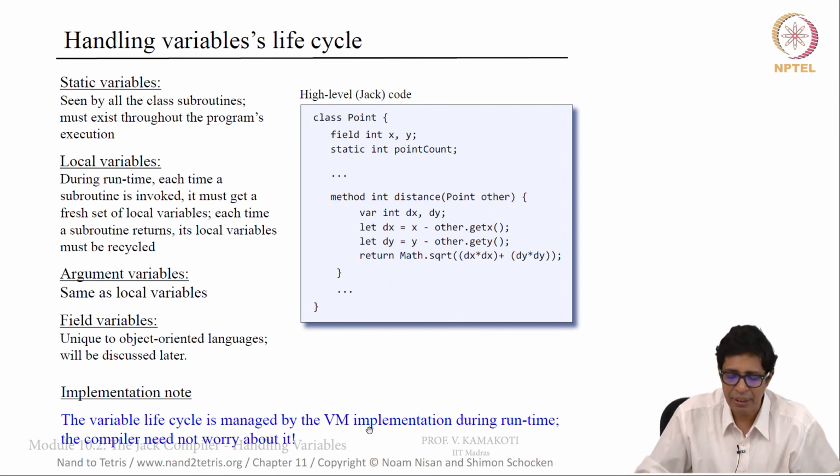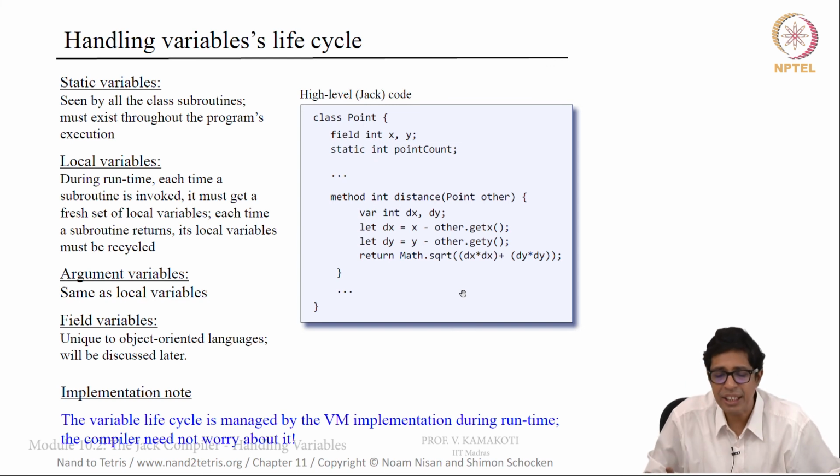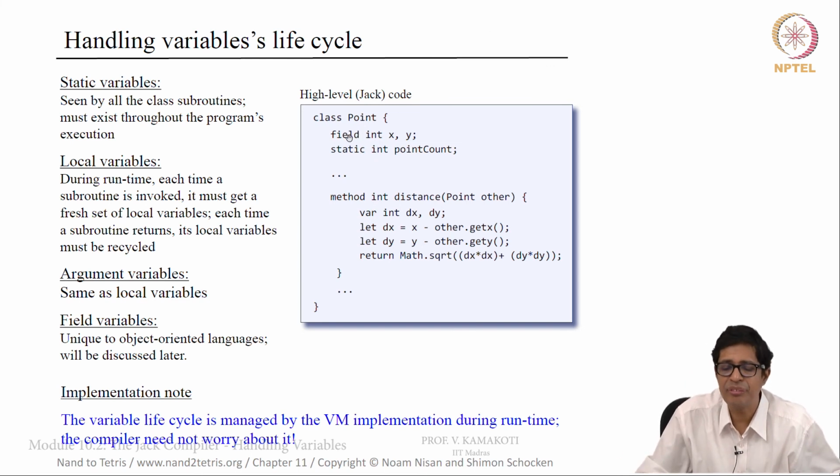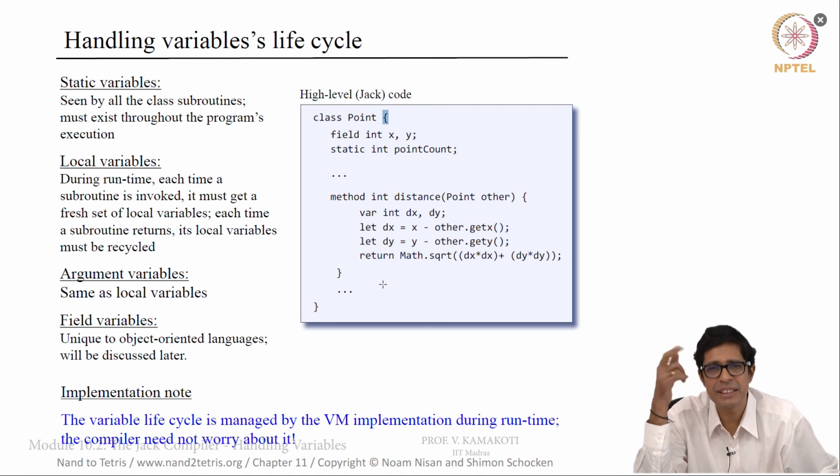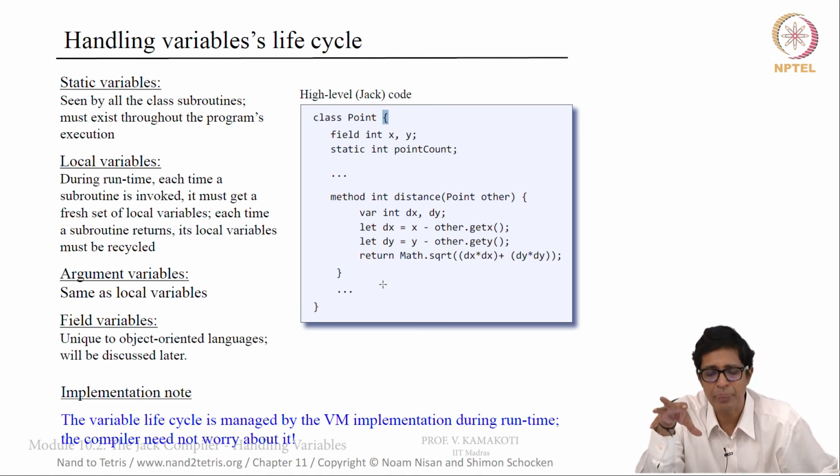So basically we are now talking of the life cycle. The life cycle of a field variable is for the entire class, right? And so if it is a field variable, then for every object instantiation, from the start to the end, the scope of this variable is there.